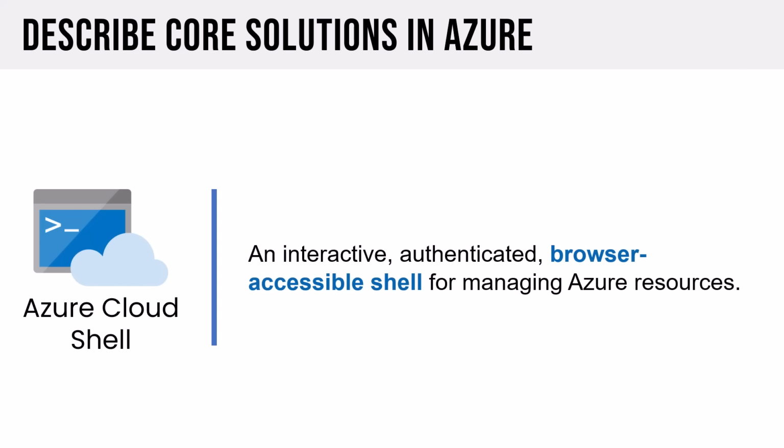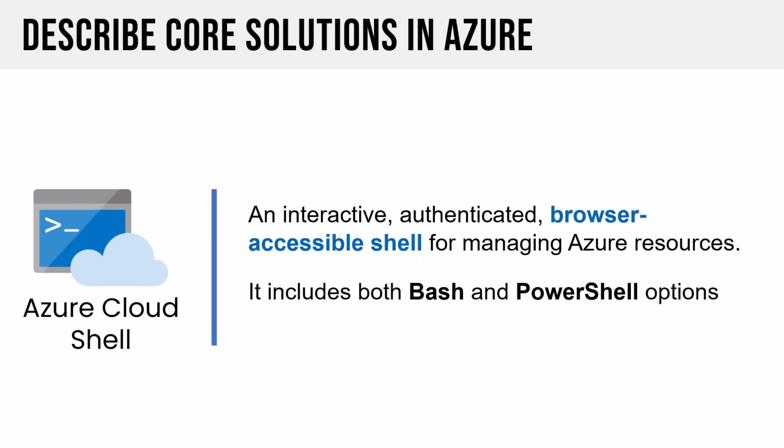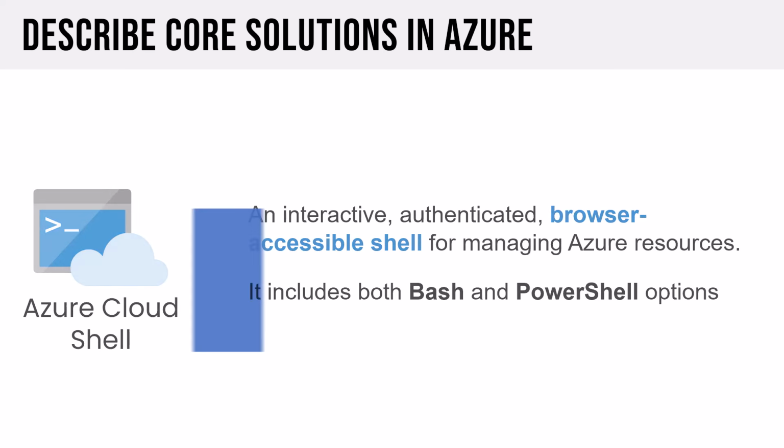This is an interactive, authenticated, browser-accessible shell for managing Azure resources. It's really interesting. It's a browser-integrated command line interface, and it comes in Bash and PowerShell flavors. I'm actually going to demo this for you hands-on here in just a minute, so you really get a sense of what I'm talking about there. Better seen than simply heard.